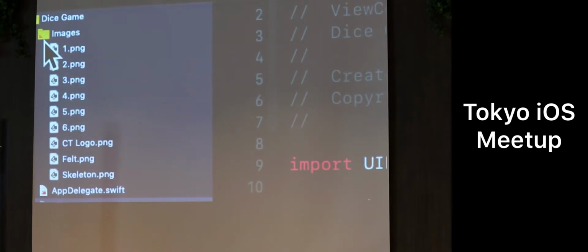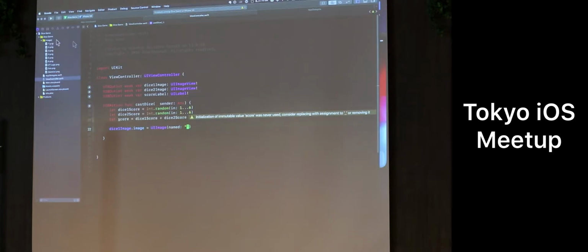If I get a 2, 2.png. So I use interpolation here to insert in my string the first score and then .png. Same thing for the second one.